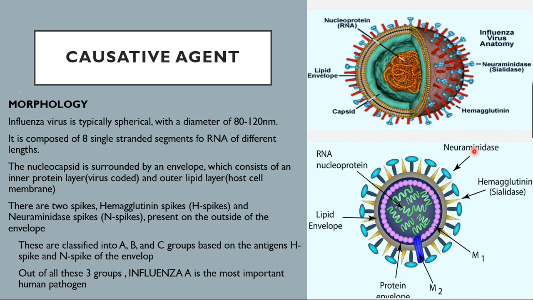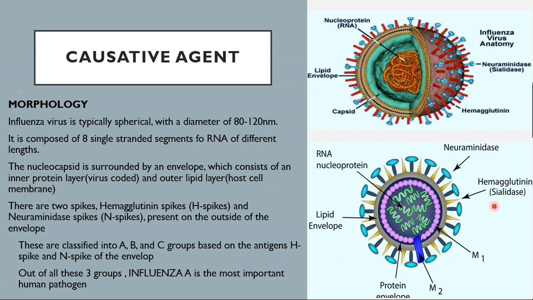Then coming to neuraminidase, the N spike, it is an enzyme which breaks down the sialic acid component of the cytoplasmic membrane. On the inner side of the envelope, there are the M1 protein and M2 protein, which provide rigidness and thus stabilize the lipid bilayer.